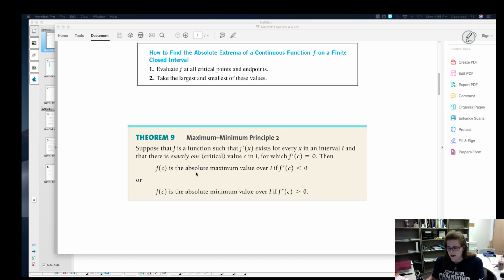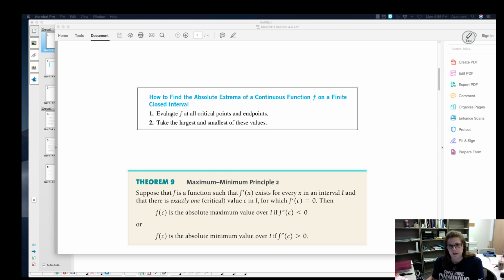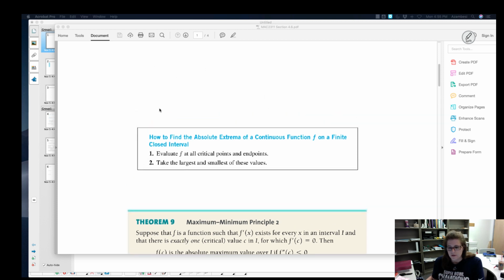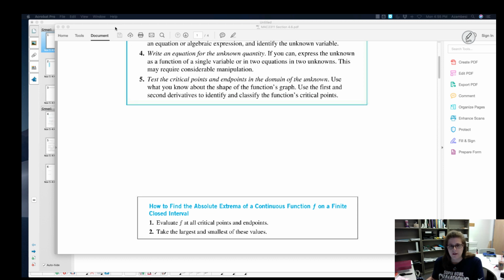So remember that it's an absolute maximum if the second derivative is negative, an absolute minimum if the second derivative is positive. So this is like a recap of what we went over the other day. We also wrote a bunch of formulas. So if you don't have those in front of you, take a look on e-learning because that list is there, listed as 4.6 part 1.